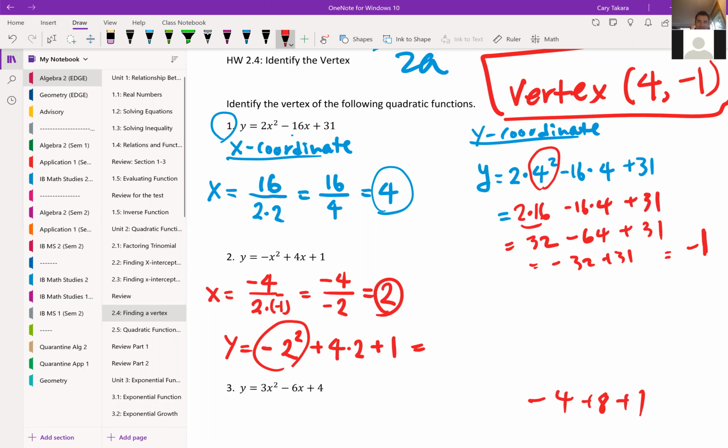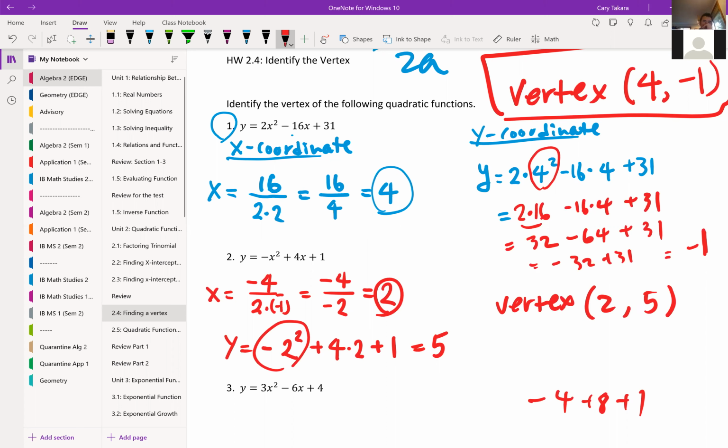Yeah, this should be 5. The answer should be 5. Did anybody get 5? Gentry, you got 5. Very good. Did anybody get 5 for the y coordinate? 5 is the correct answer. The vertex is 2 and 5.